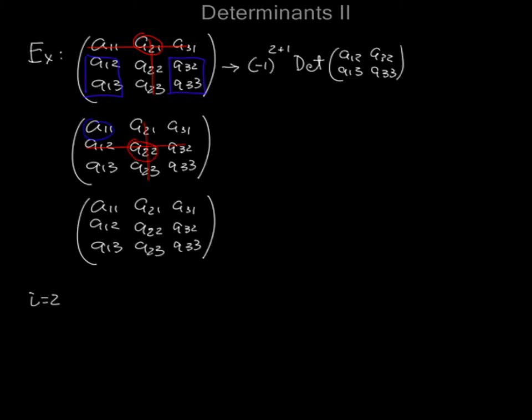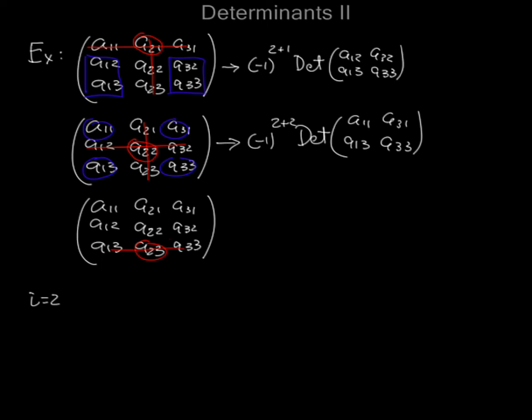And then you go down the column and you get this guy here, and so here you get (-1)^(2+2) times the determinant of the blue matrix. And the final one is this guy here, and you get (-1)^(2+3) times the determinant of this 2 by 2 matrix.